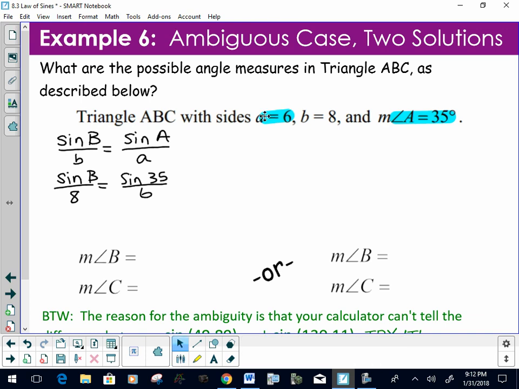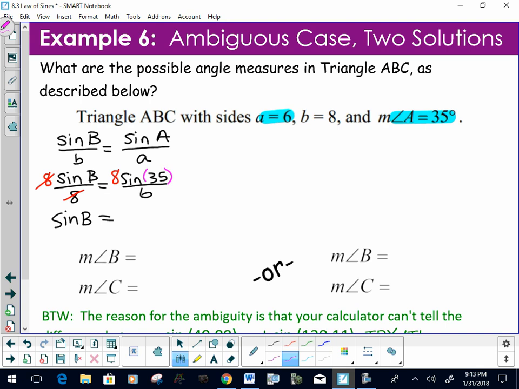And to solve for angle B, we would first multiply by 8. And we have that the sine of angle B is equal to 8 sine 35 divided by 6. Make sure that when you're typing that in your calculator, you close that parenthesis there.